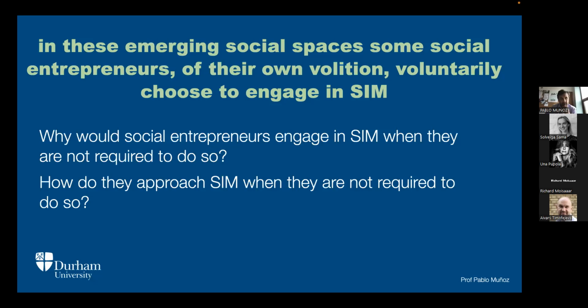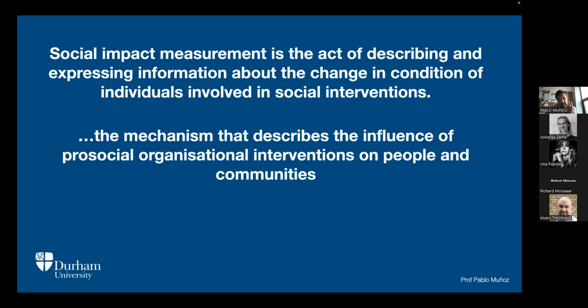There are how and why questions involved that we didn't have an answer for, right? And that triggered our thinking: we need to do something here to explain what might be going on in this context. If anything, it would give us insight into the origin of social impact measurement when you don't have enforcing mechanisms, right? No one's telling you how to do it or forcing you to do it.